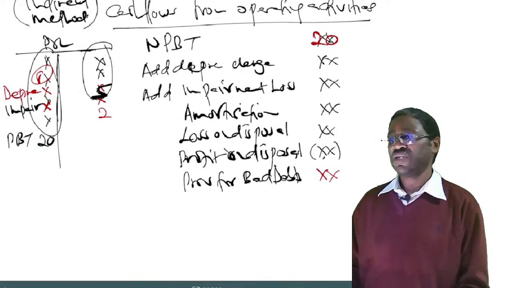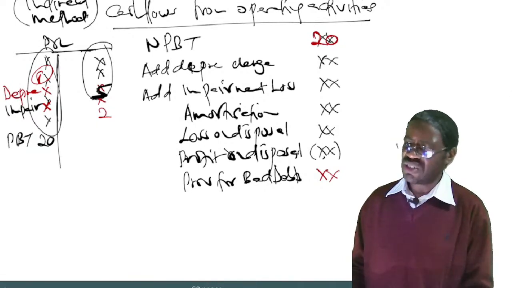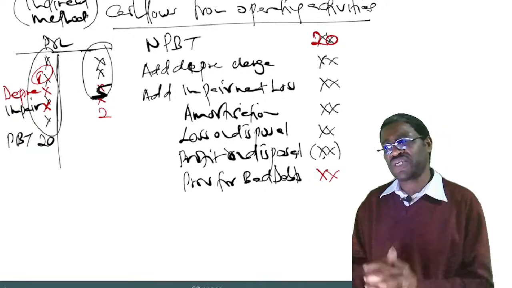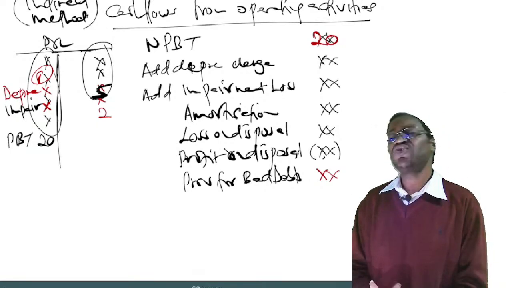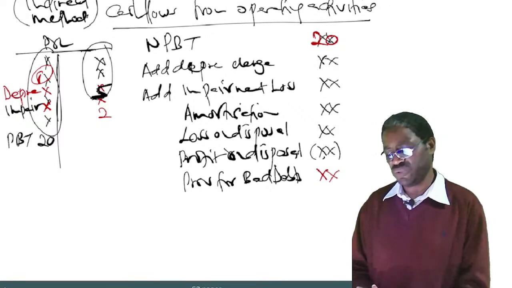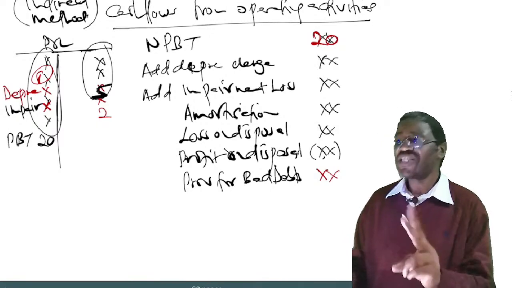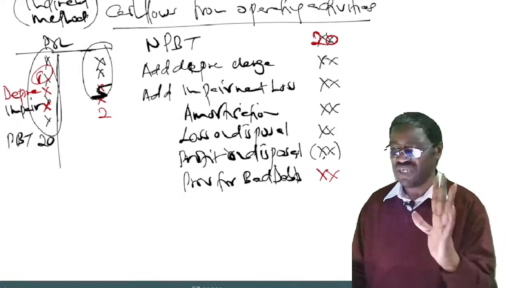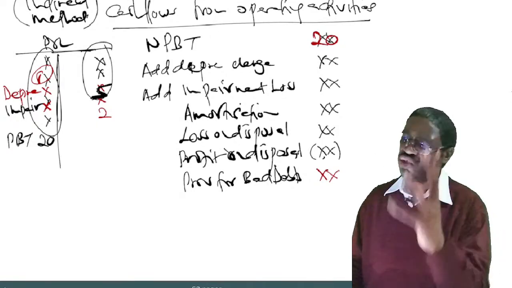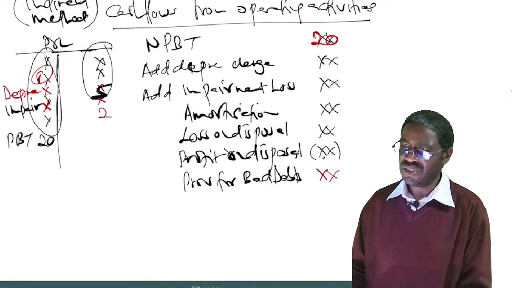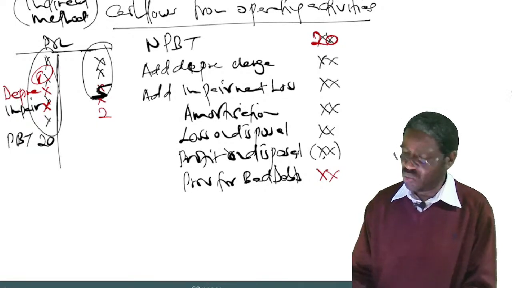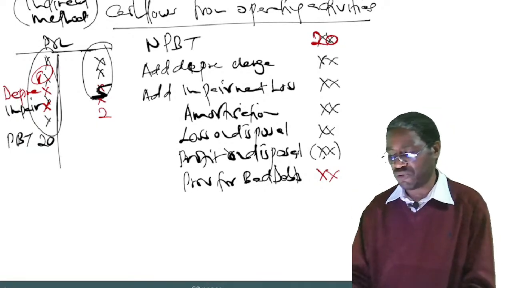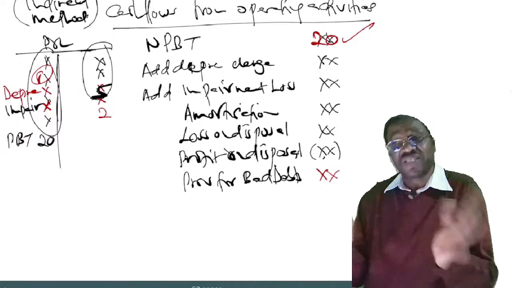But I always tell my students that when you go to the exam room and you are given a question on cash flows, listen, there are two non-cash items that you will never miss. And why should you lose the marks for them? One, of course, one should never lose marks for the profit before tax, because that is something you just pick.